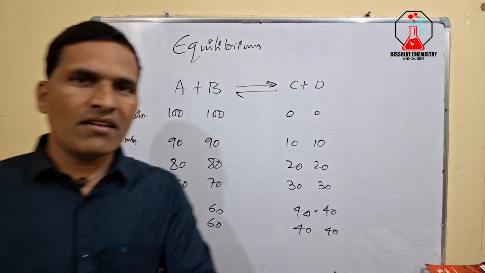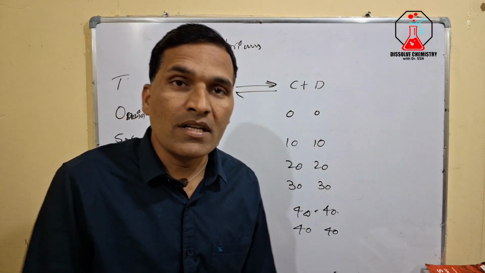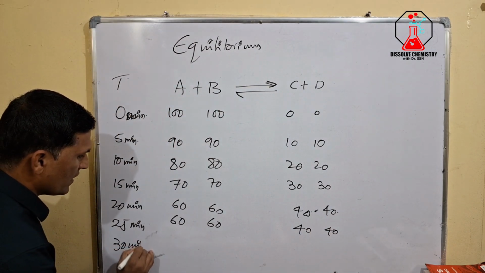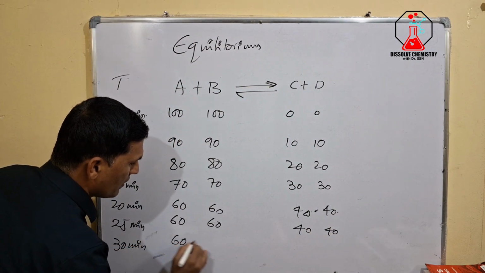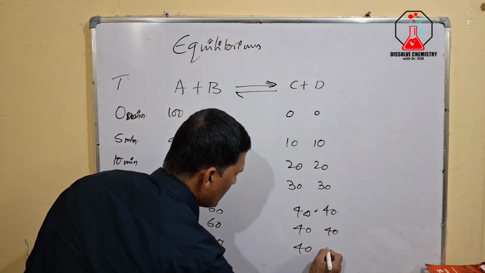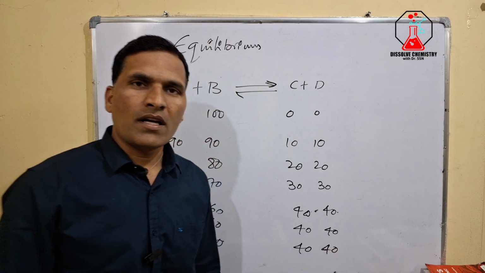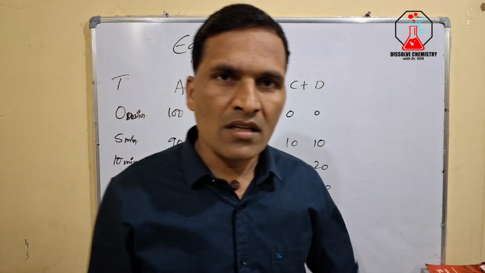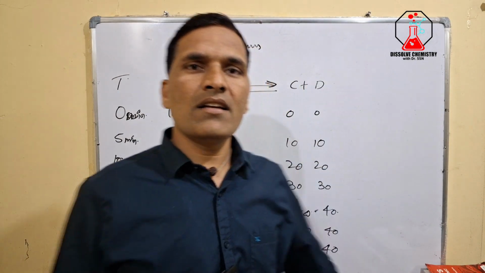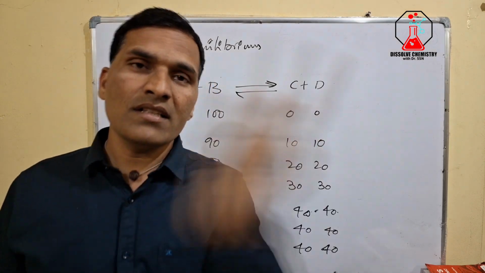Then I waited another 5 minutes and checked at the 30th minute, and to my surprise it was again 60, 60, 40, 40. I thought I should leave it for another half an hour. I left it for another half an hour, checked once again, and found the same concentration maintained, as I was maintaining the same conditions of the reaction.